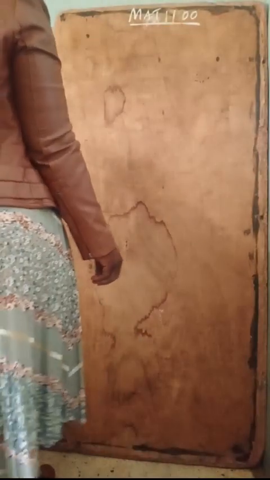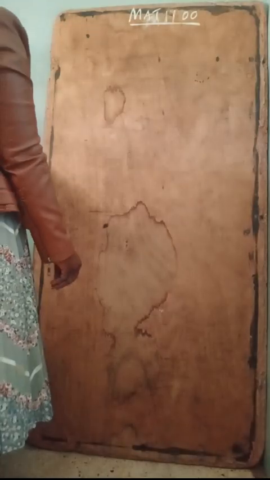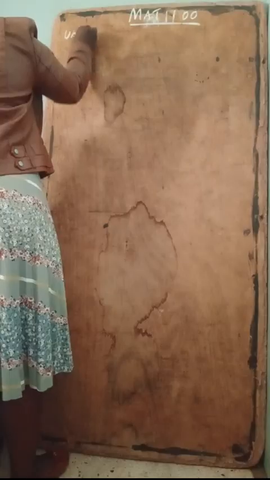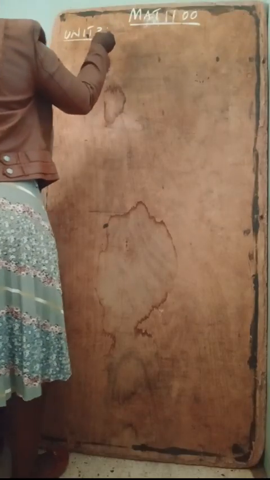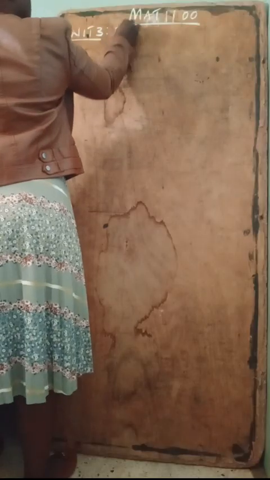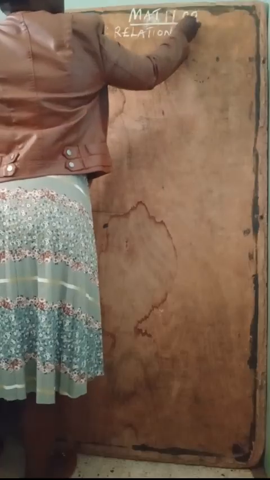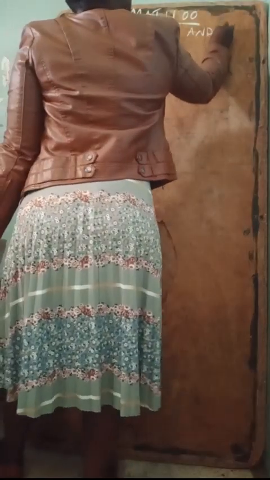We continue with the Alamat 1100, where we are now at Unit 3, looking at relations and functions.